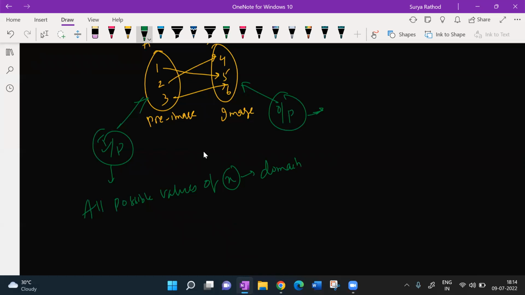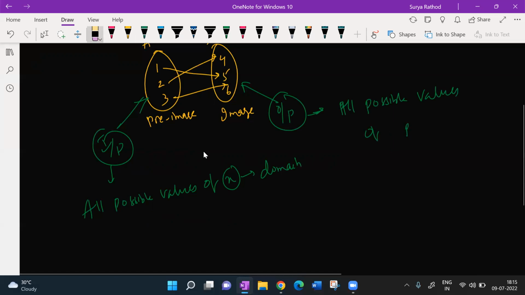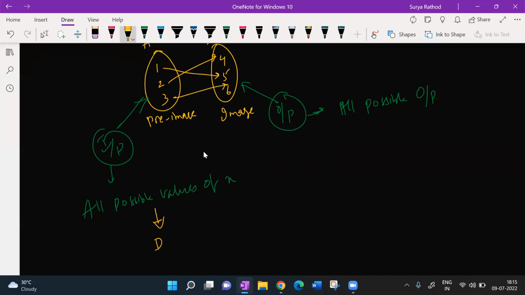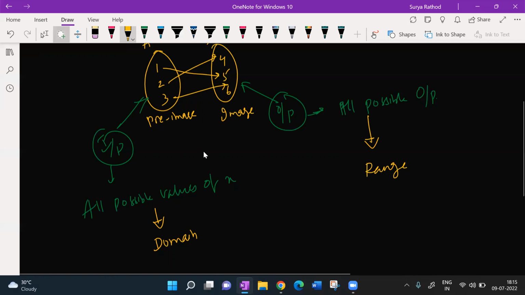Output is nothing but all possible outputs. So this is my domain here, and this is my range. This is the basic understanding you need.